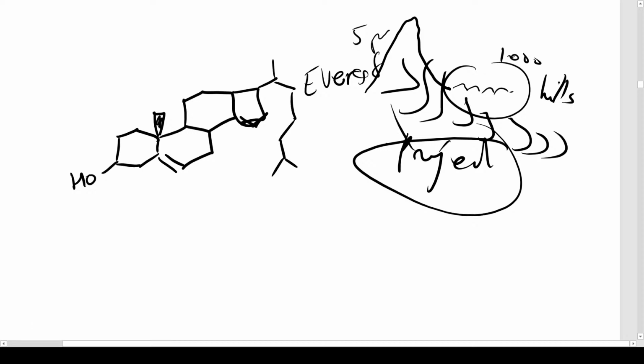Sorry, here it's 5 numbering. Okay, this one. All right. This is cholesterol.